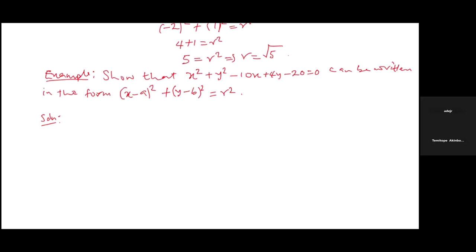And then to find r, you have to square the half of the 10 you got. So that was 5, 5 squared is 25. 2 squared is 4. So minus 25 minus 4 minus 20 equals minus 49. Now take it to the other side, you get plus 49. Then you square root that, it is 7.